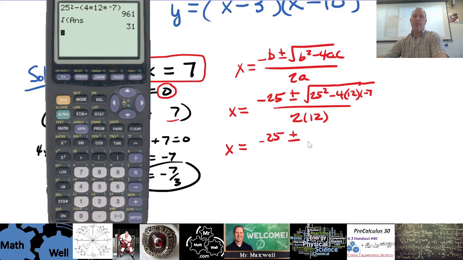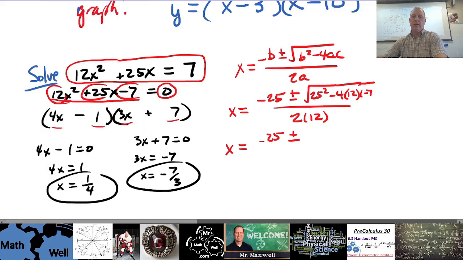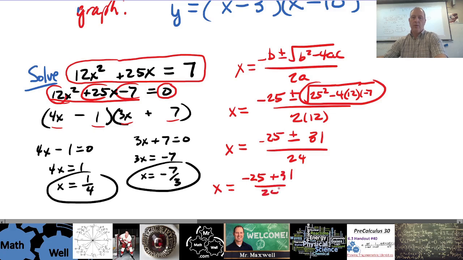Look at that. You see that? So this right here is actually 31, over 2 times 12 is 24. Now, watch this. Negative 25 plus 31 over 24, that's going to be one answer. And negative 25 minus 31 over 24 is our second answer.